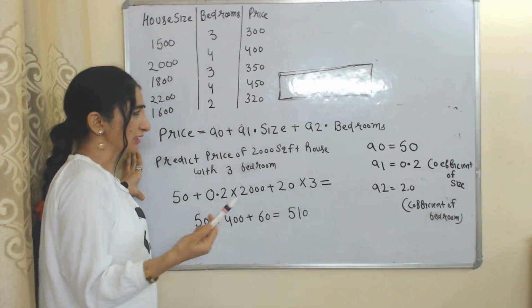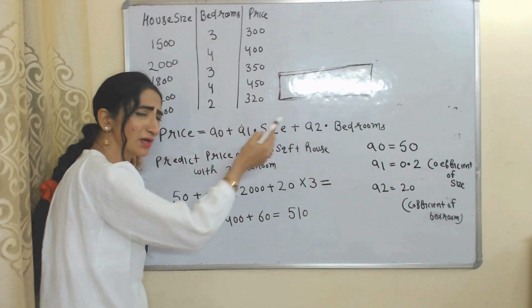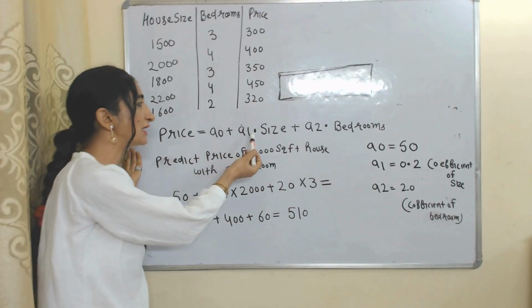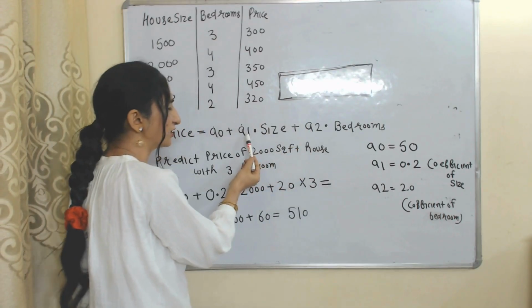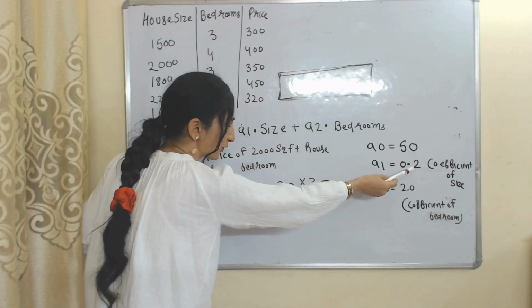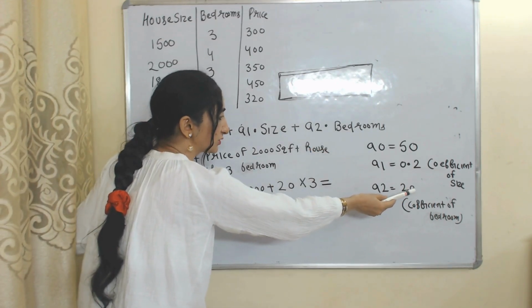We will also learn how to calculate the values of A0, A1 and A2. But for now, assume we have calculated them, and the value of A0 is 50, the value of A1, the coefficient of house size, is 0.2, and the value of A2, the coefficient of bedrooms, is 20.